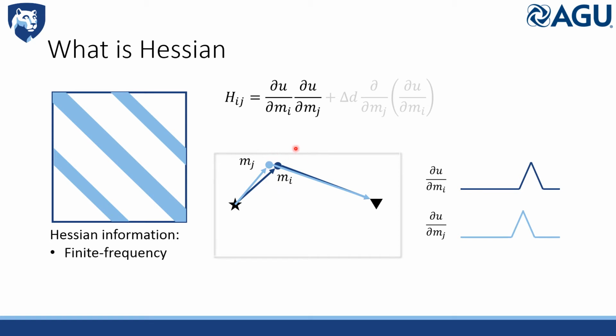As we just mentioned, we can tell how the scattered waves generated by neighboring points correlate with each other, so we have the information of the finite frequency effects in the Hessian. Now let's consider the case when mi and mj are the same point, namely the diagonal element. If we move this point right here, on the trajectory between the source and the receiver, check out the waveform.